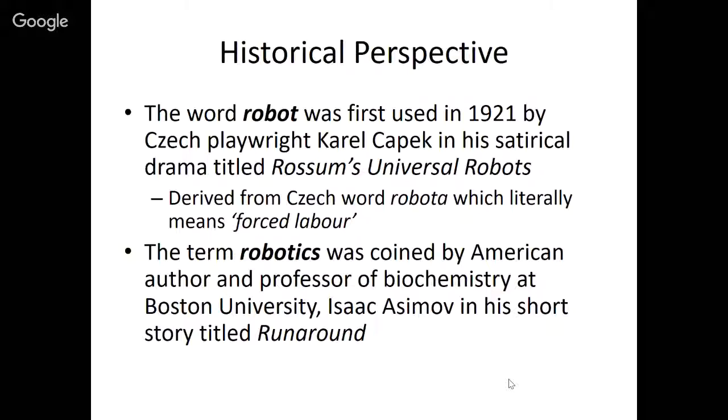Following this, the term robotics was coined by an author who was also a professor of biochemistry and who used to write stories. He used the word robotics in his short story titled Run Around, and the author was Isaac Asimov. So both the words robot and robotics were coined not in the context of automation but in the context of literature.